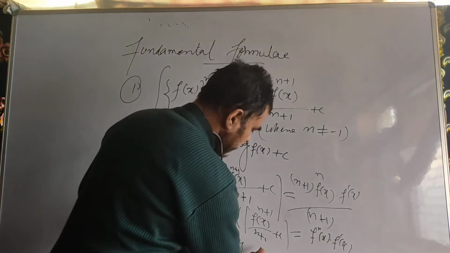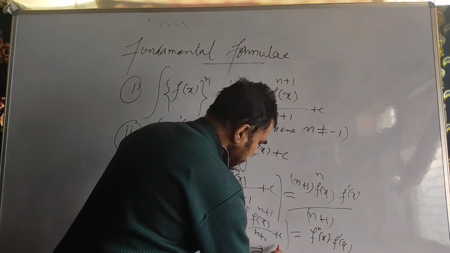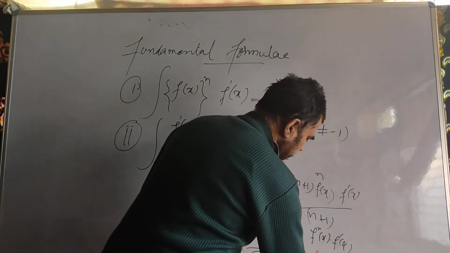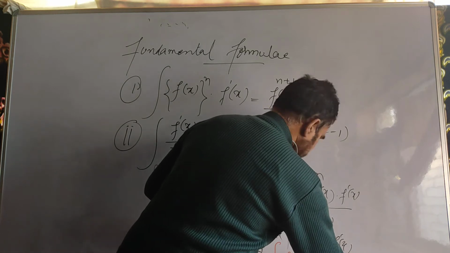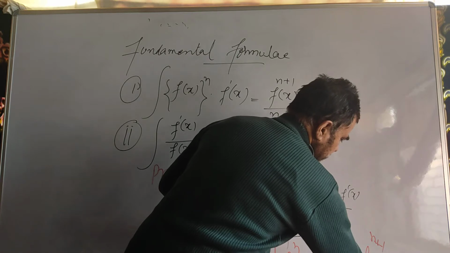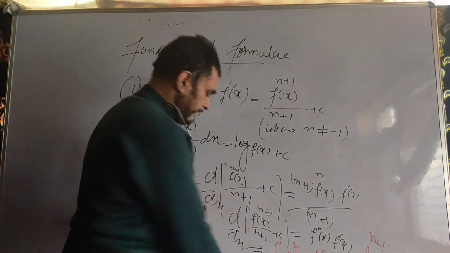So by the definition of integral, the integral of f(x) raised to power n into f dash x dx is your right side, f(x) raised to power n plus 1 by n plus 1, plus c. This is how we find this.